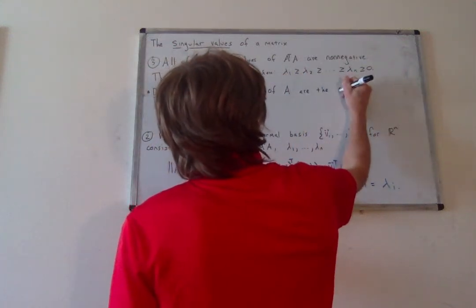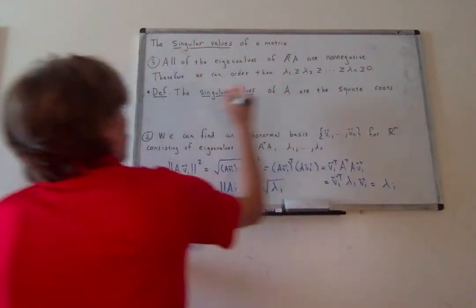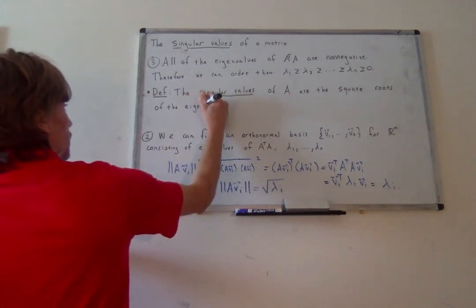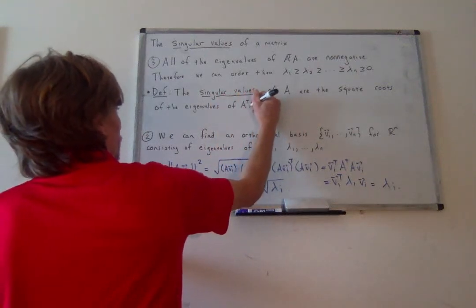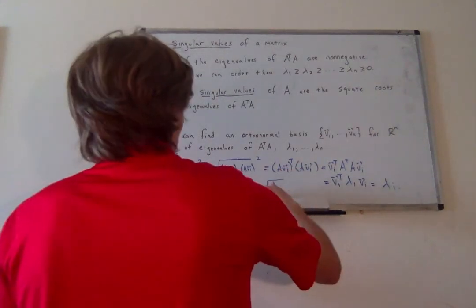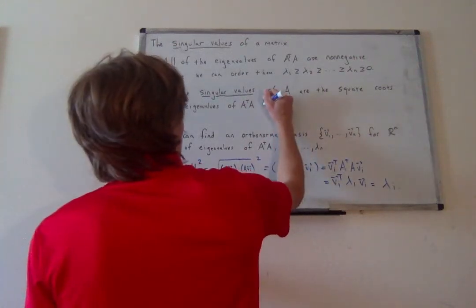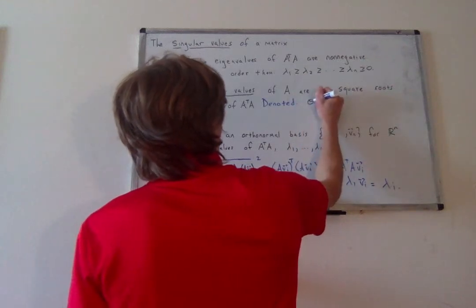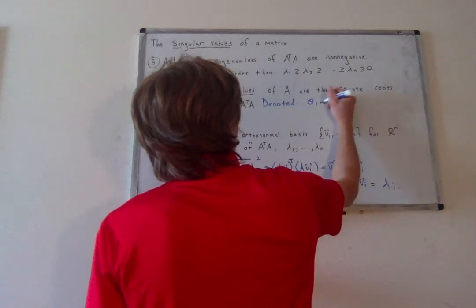And so these singular values of A are these square roots of the eigenvalues of the matrix A transpose A. And we denote them as sigma sub I is equal to the square root of lambda I for each of the lambda i's.